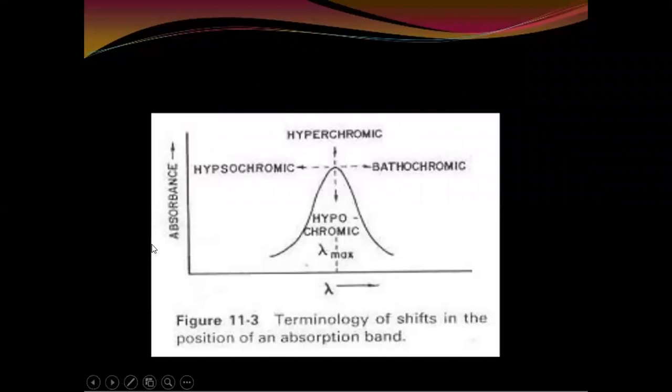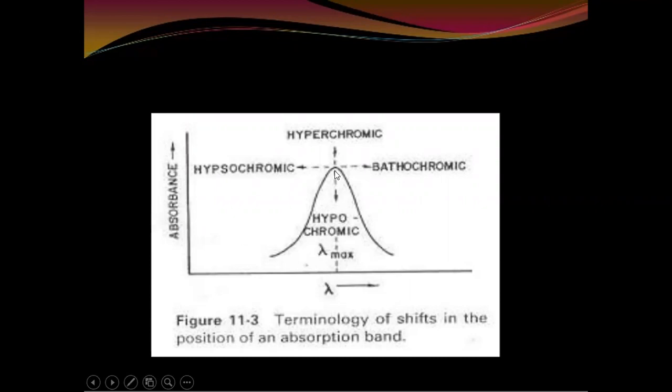Here you can see the absorbance and lambda. On the y-axis you have the absorbance, and on the x-axis you have the wavelength. See a molecule: if the absorbance at lambda max is high, that is the hyperchromic effect.